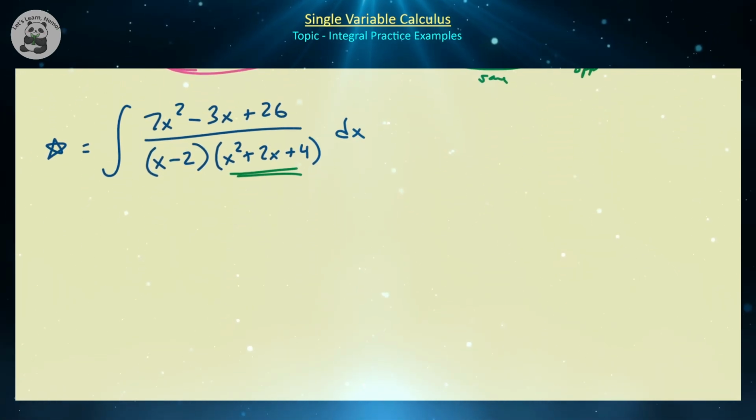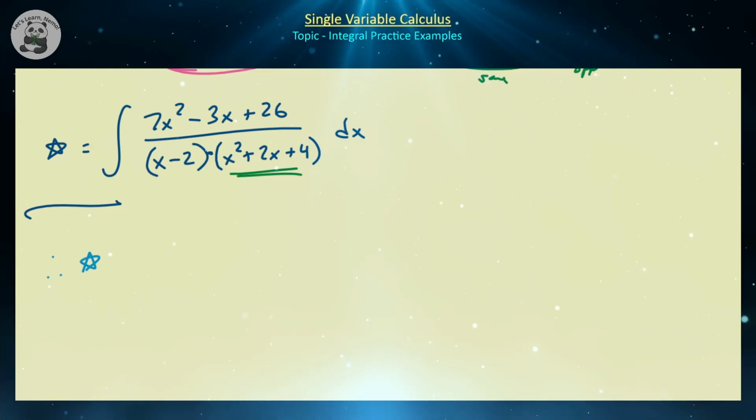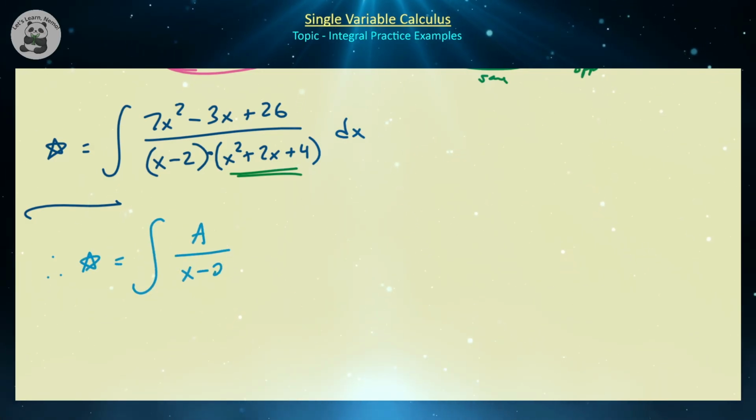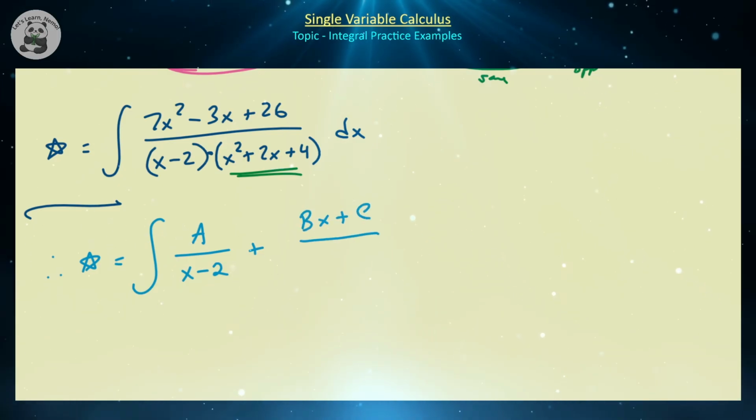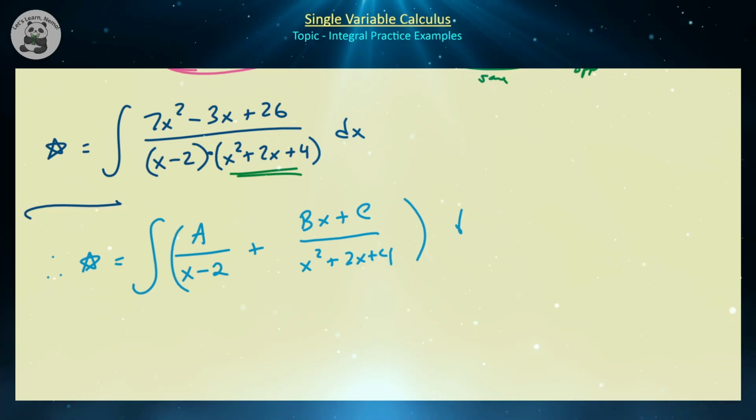Which means, since we have a factored rational function, partial fraction decomposition is definitely an ideal approach for this particular problem. That is, I'm going to factor this into some constant divided by that linear term, plus some linear term over that quadratic factor, x squared plus 2x plus 4, dx.